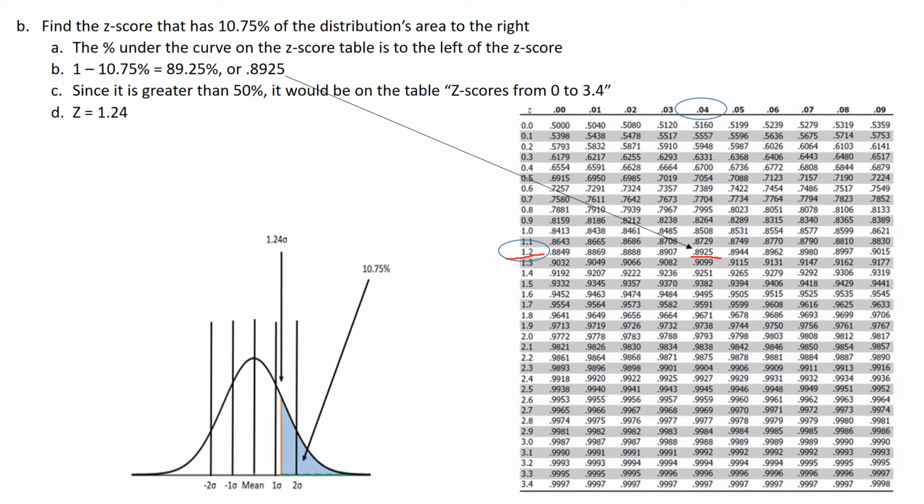There's my 1.2, and there's my 0.04. 1.24 is my z-score. And again, it's a positive z-score. It's greater than 0.5000. So I know it's on the positive table from 0 to 3.4 standard deviations. 0.8925 is that area under the curve that's not shaded here.